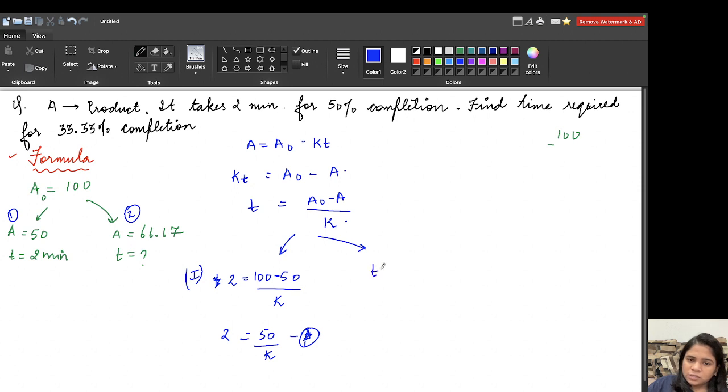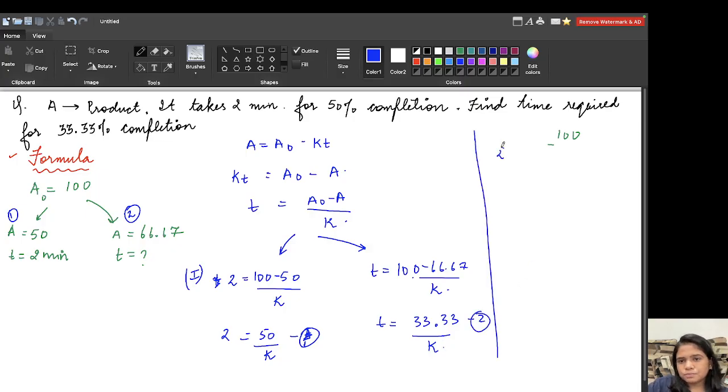And here we don't know the time. It will be 100 minus 66.67 divided by K. 100 minus 66.67 is 33.33 divided by K. What do we do now? Divide the two: t by 2 equals 33.33 divided by K into K divided by 50.